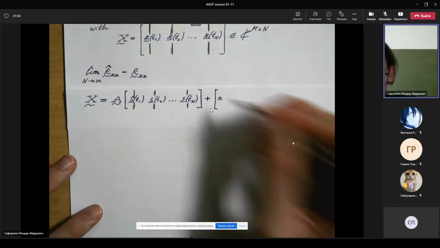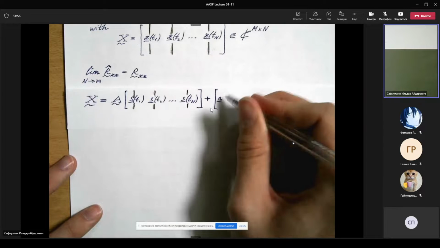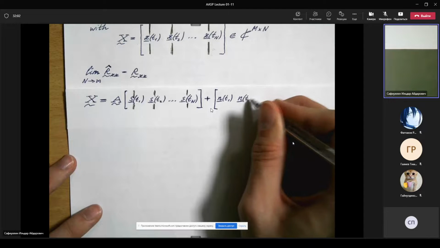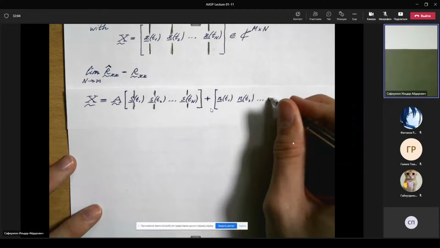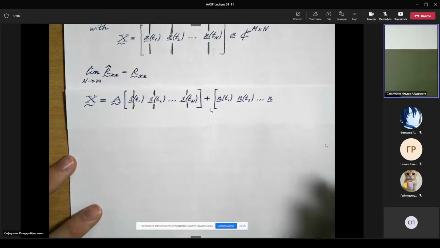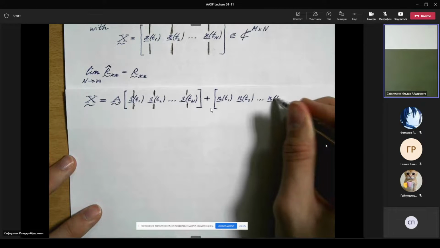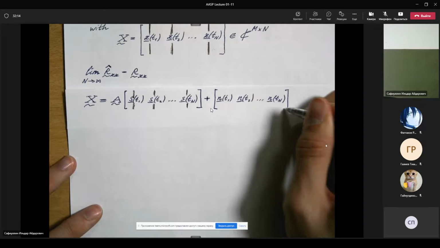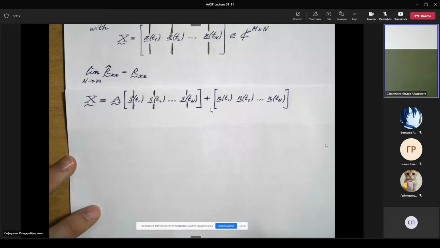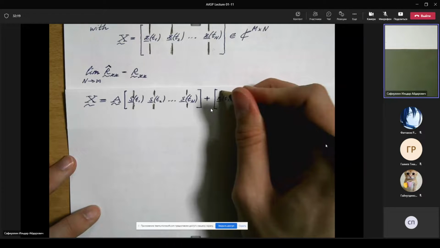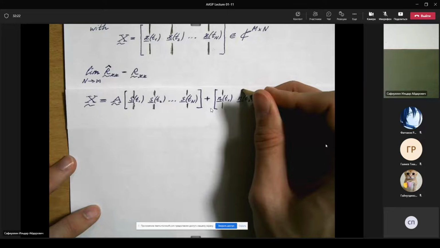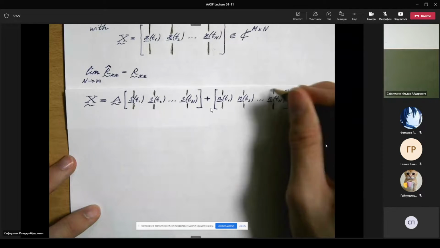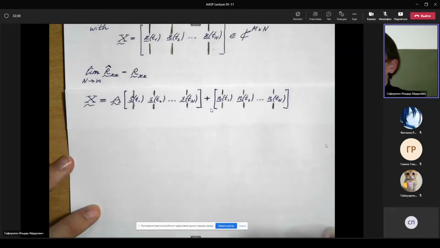First one is n for time t1, then n of t2 up to noise vector for t subscript capital N. And of course, this one is column, this one is column, and this one is column.